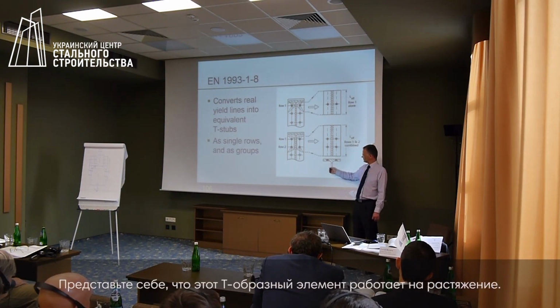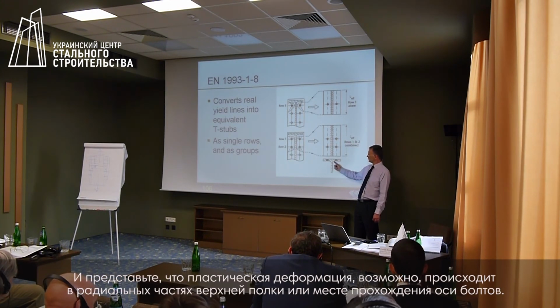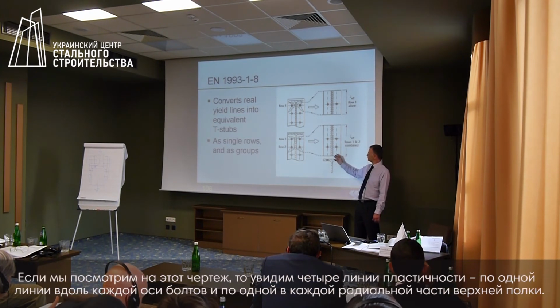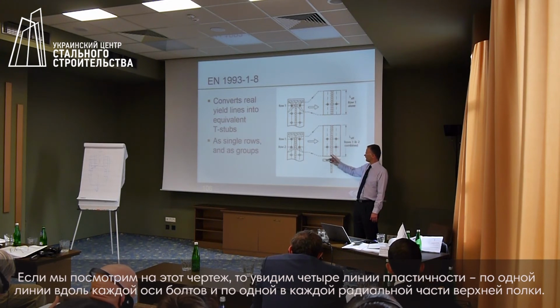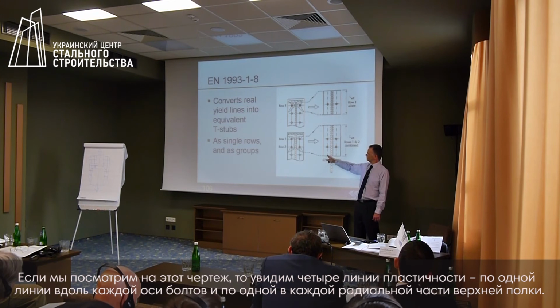You imagine this T-stub being subject to a tension, and you imagine that it's going to yield, maybe at the root radius and maybe on the bolt lines. So as we look at this particular diagram, there are 4 yield lines, one on each of the bolt lines and one adjacent to the root radius.